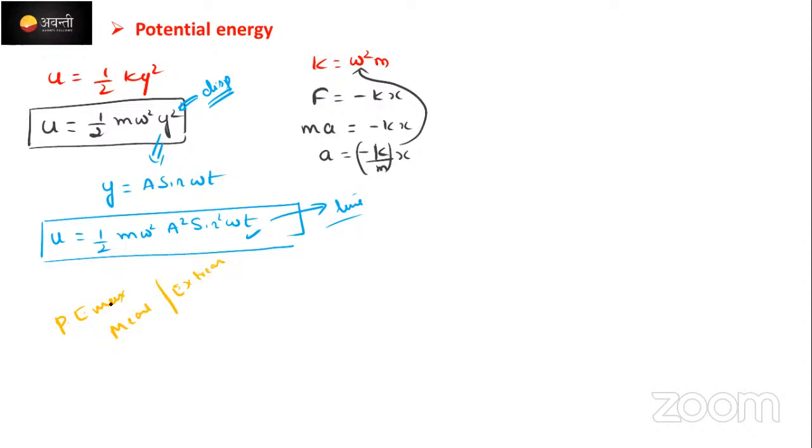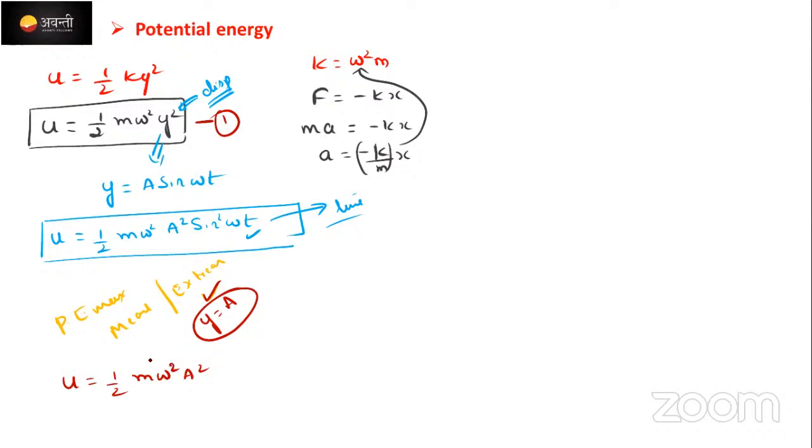At the extreme position, correct? At the extreme position the potential energy is maximum, and the value of y is equal to the amplitude. When it is equal to the amplitude, I'm going to call this equation number 1: U is equal to half m omega square y square, and instead of y we put a, so it becomes a square. Clear?